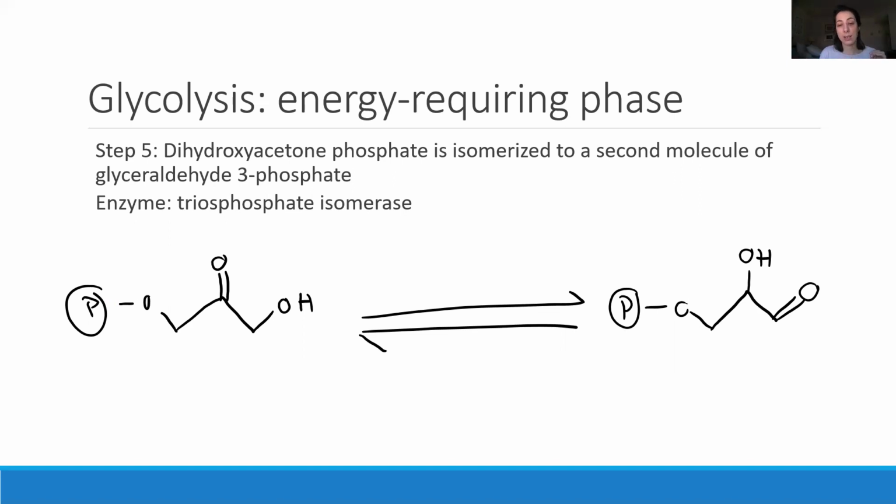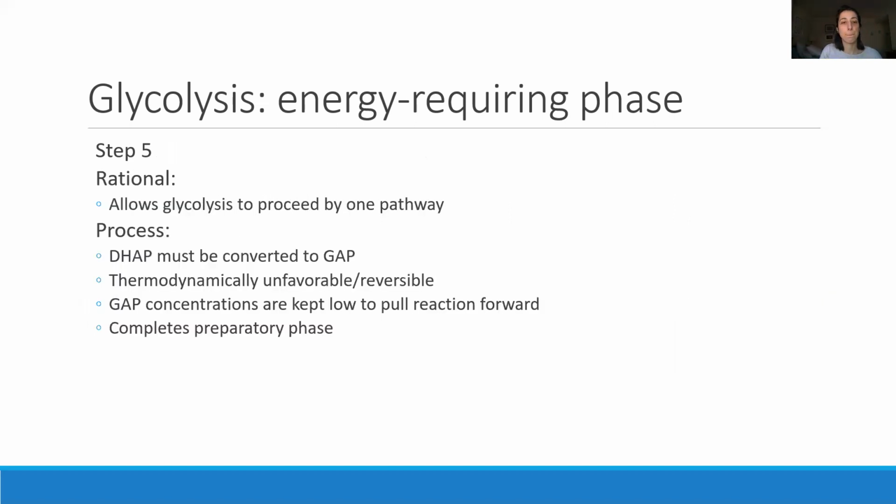We're not breaking anything off. We're just rearranging it. So you can see we're kind of flipping this carbonyl and OH group during this step. This is going to allow glycolysis to proceed further via one pathway. So we're just using GAP. We're not going to try to break down those molecules individually.